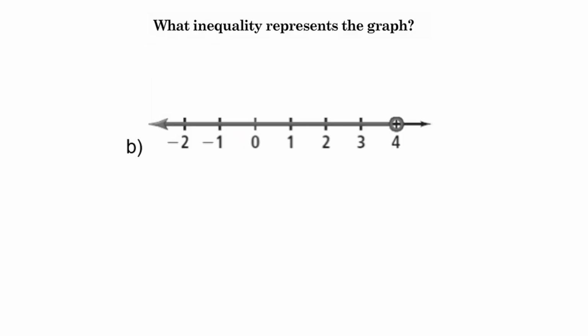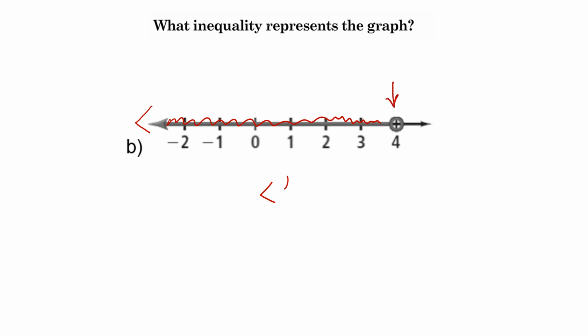Okay, last example. What inequality represents the graph? Again, you're going to want to decipher what you see here. You want to look at your arrow, right? Right now, everything's shaded to the left. So this means all values of our variable are going to be less than. Well, less than what? Let's look where it is. This open circle is on the 4.